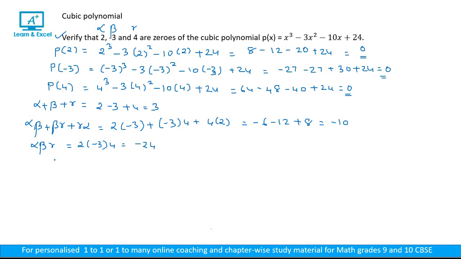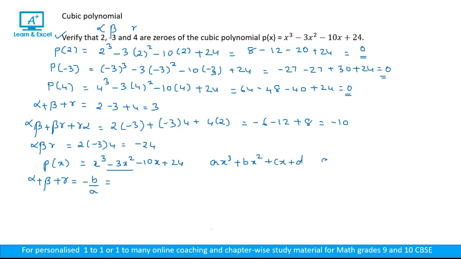Let us now look at the equation that is given to us. P of x equal to x cube minus 3x square minus 10x plus 24. We know that alpha plus beta plus gamma is equal to, if you recall before, minus b by a. Here we compare this with the equation ax cube plus bx square plus cx plus d.